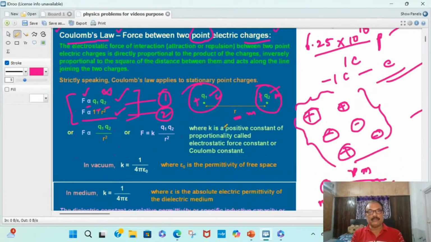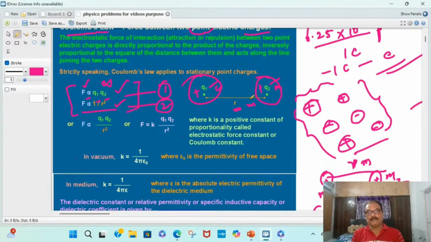What did you understand from this? When the charges are moving close by or moving away from each other, the force changes by what ratio? By a 1 by r square ratio. That means it is practically observed and checked. The force is inversely proportional to the square of the distance between the two point charges. These conditions are understood and finally made into the formula.